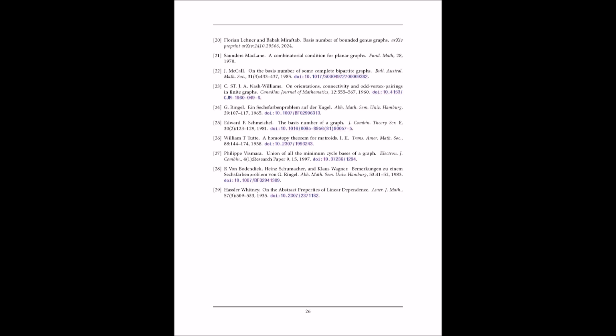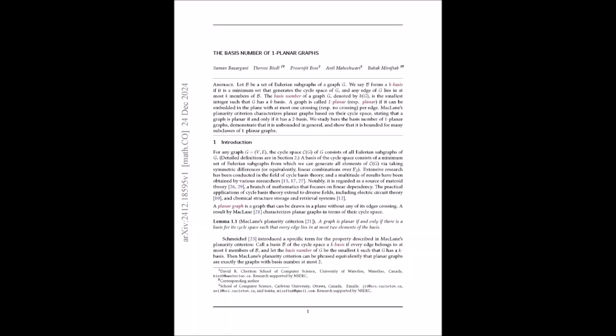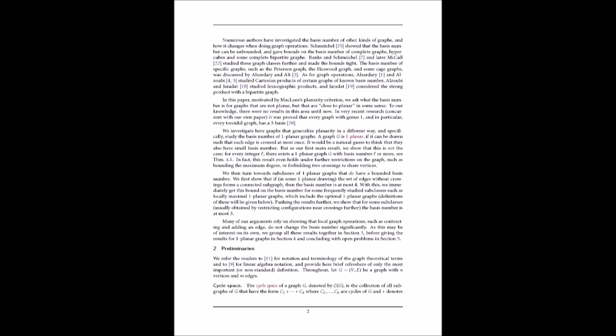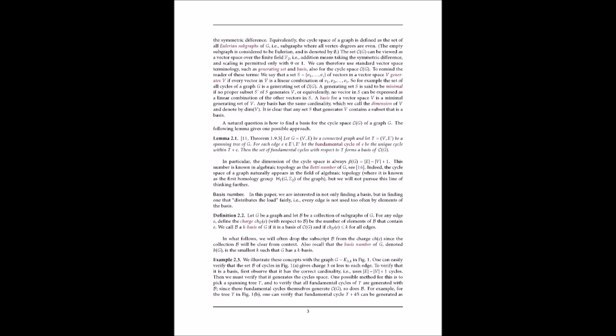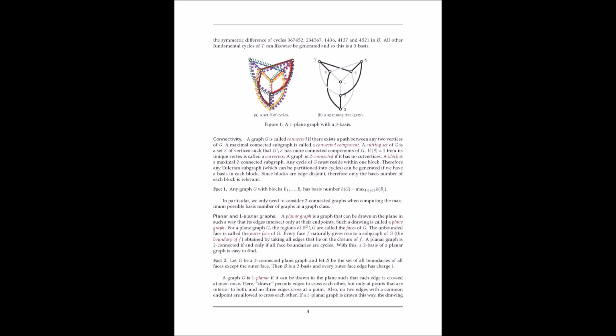Think about it. Those 4 vertices in the K4 subgraph are connected by uncrossed edges, forming a cycle. And this cycle, being part of the skeleton, links up all the crossings and the rest of the graph, creating a connected backbone. So those K4 subgraphs act like little bridges, ensuring that all parts of the skeleton are linked together. Exactly. And this implies that locally maximal one-planar graphs have a basis number of at most 4.